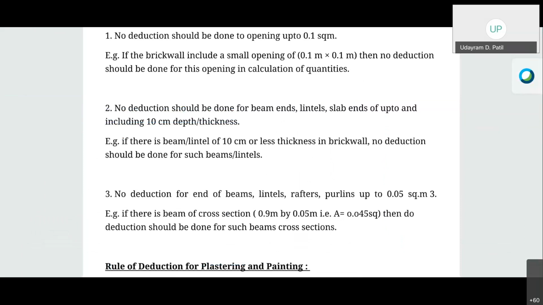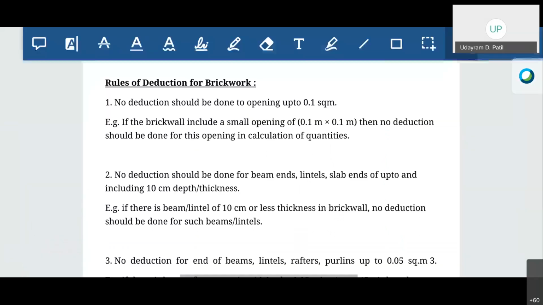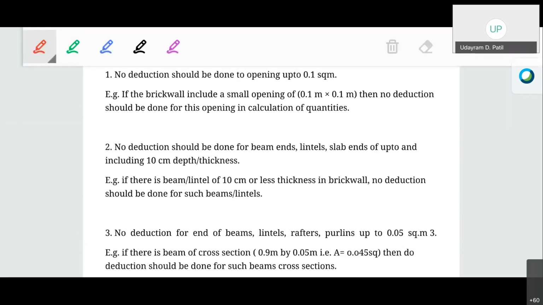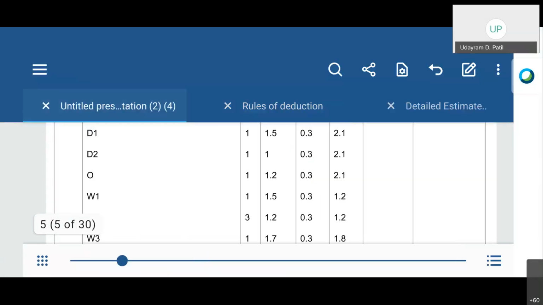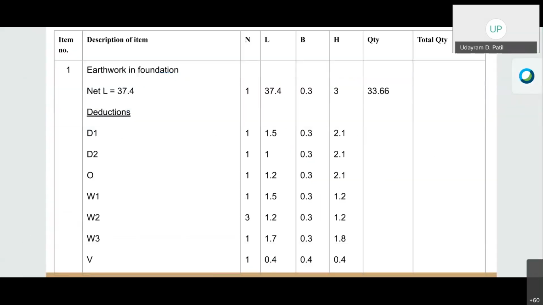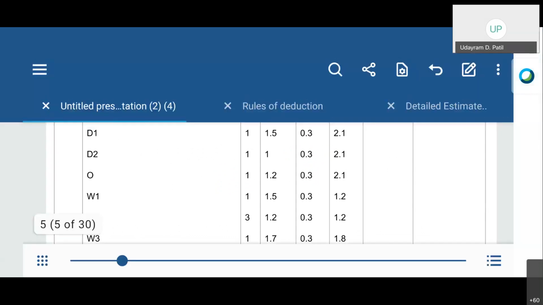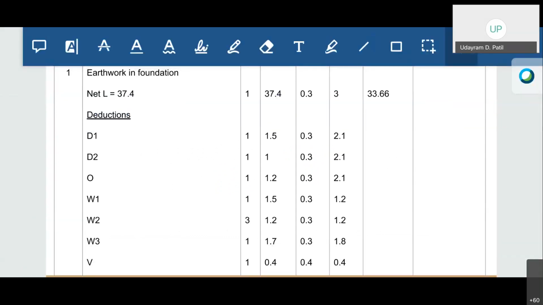Remember that if the depth of the lintel is less than 0.1, then we will not have to deduct that particular quantity. For our case the lintel is 0.13, so yes, we have to also consider the deduction for the lintel. Gross quantity after deducting the openings is 29.375.